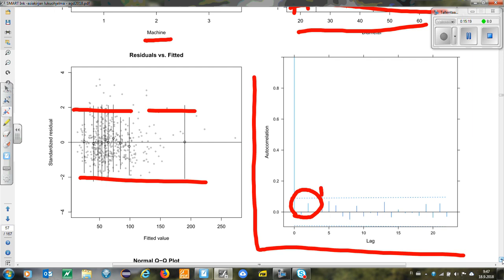We still have some correlation at the 0.05 level at lag 4, but it's the only case where we go beyond the confidence limit, so it's not serious, and I would say that we are satisfied with this model.